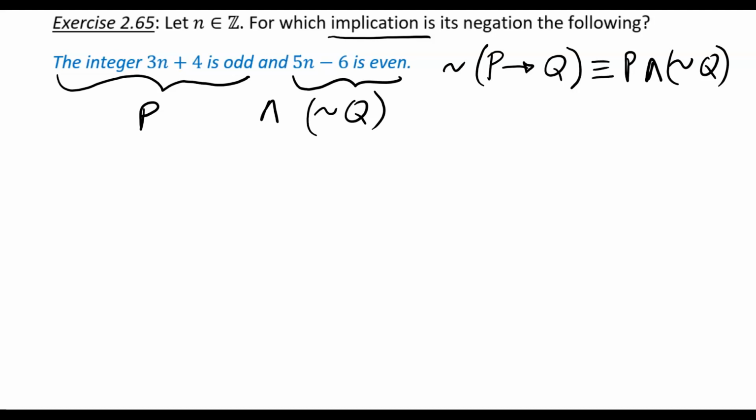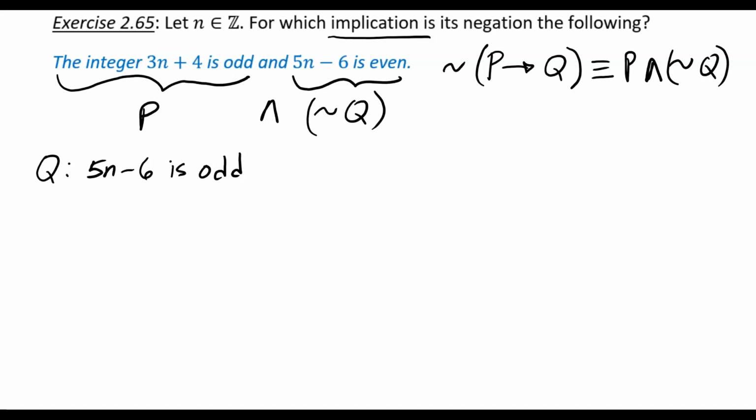So we know P represents the integer 3n plus 4 is odd. Not Q is the integer 5n minus 6 is even. So that means that Q is the statement, the integer 5n minus 6 is odd.